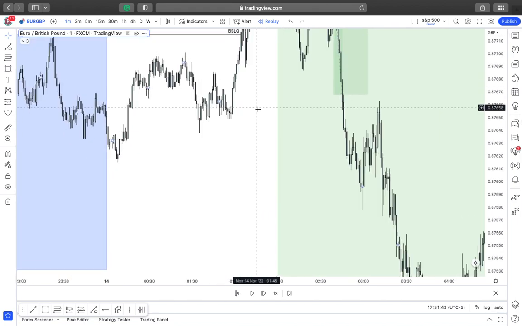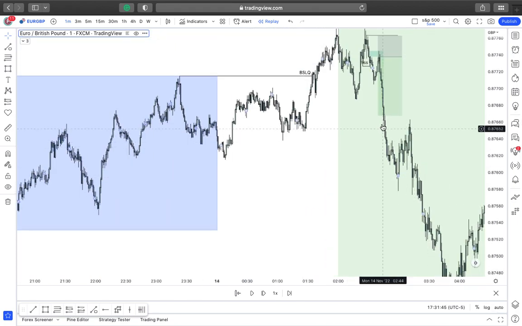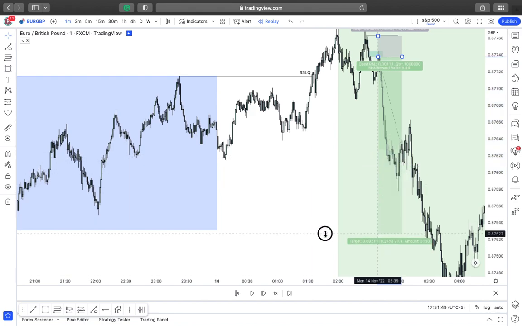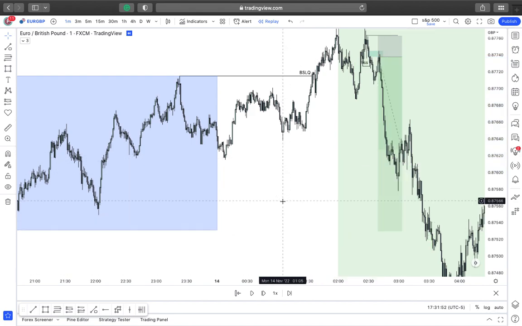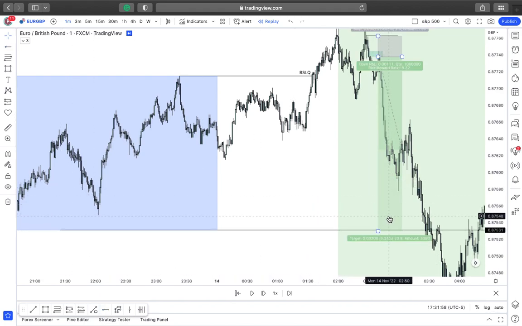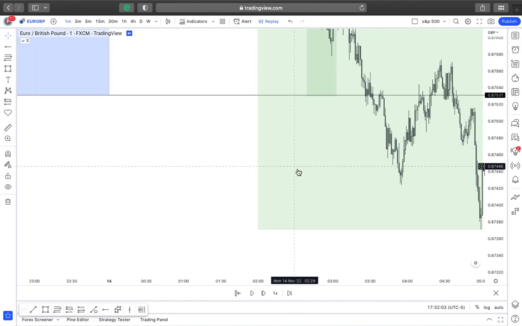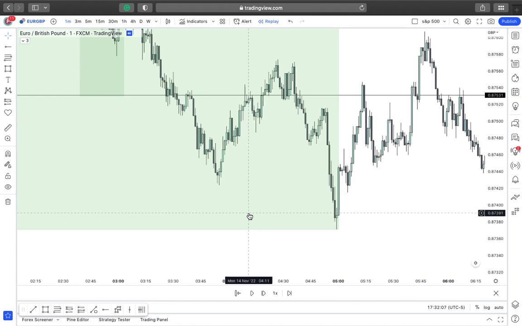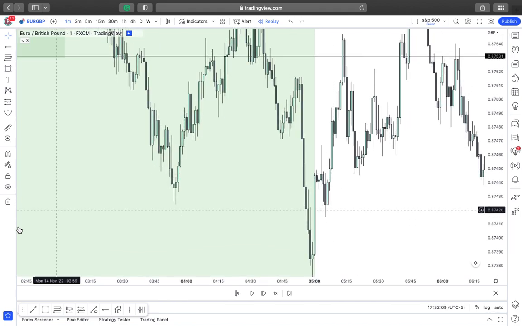Now after this entry, my target would be, as usual, the 5 hour and the low of the Asian session. So this was the entry. It was 8 hour, and after that, do we see any fair value gap and immediate reaction?